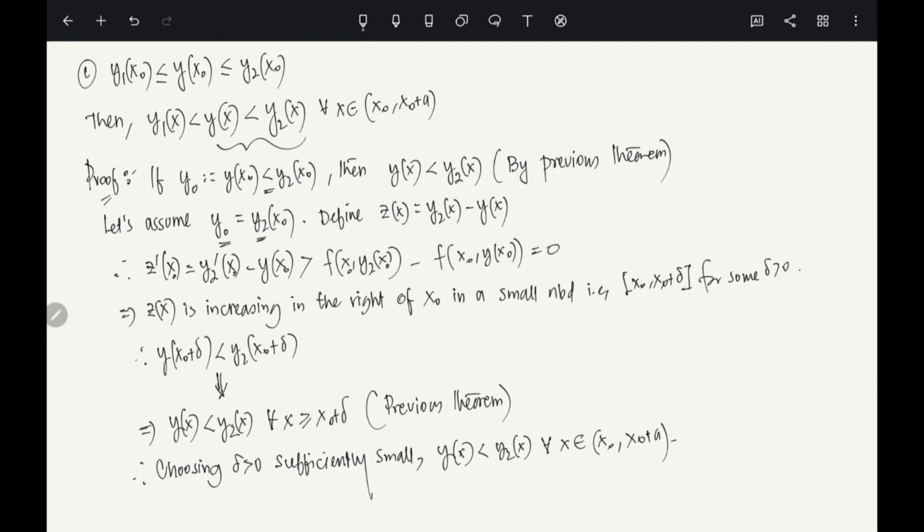Clear? So this is true. Now you do the other part also, exactly the same sort of thing works. So please do this part and then we are done.